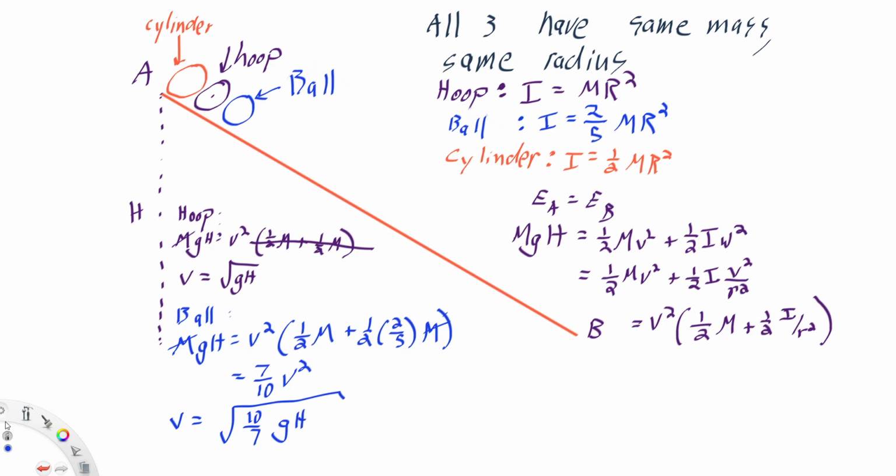And then lastly, for the cylinder, our moment of inertia is 1/2 mr squared. So we get mgh equals v squared times 1/2 m plus 1/2 m, where again the r squareds cancel. We have an m in every term, so that cancels, and we get 3/4 inside the parenthesis.